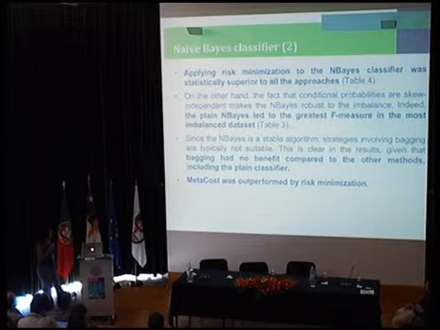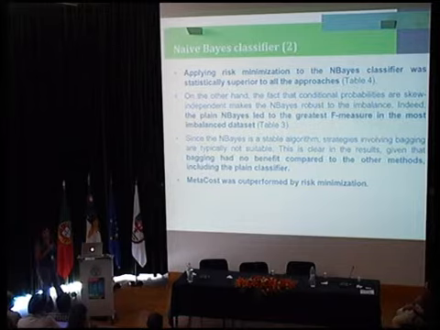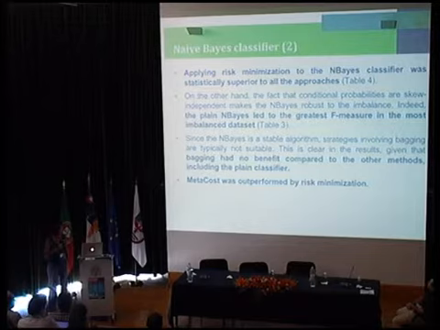The plain naive Bayes led to the greatest F measure in the most imbalanced data sets. So when we use the data set with the highest percentage of imbalance, the naive Bayes itself outperformed all the costs that we could estimate.